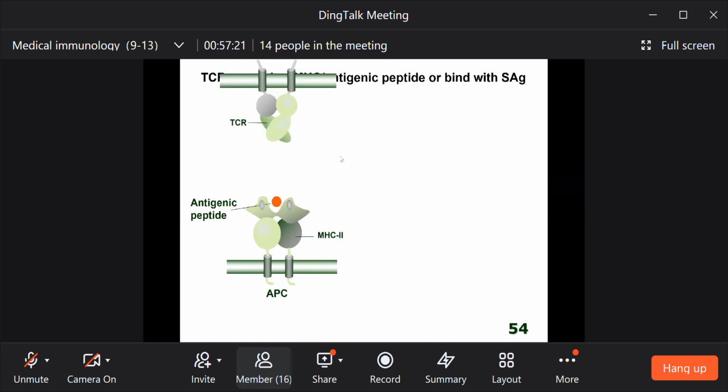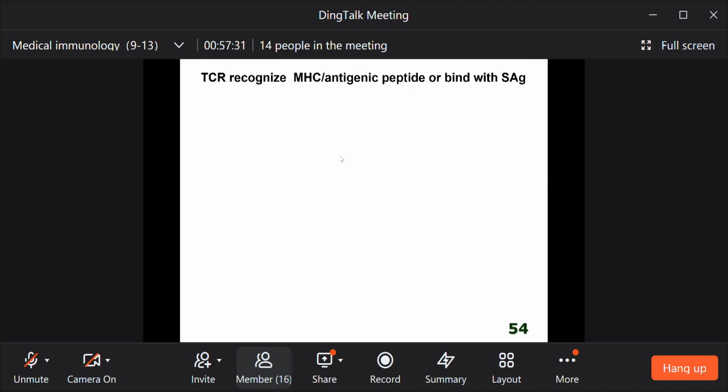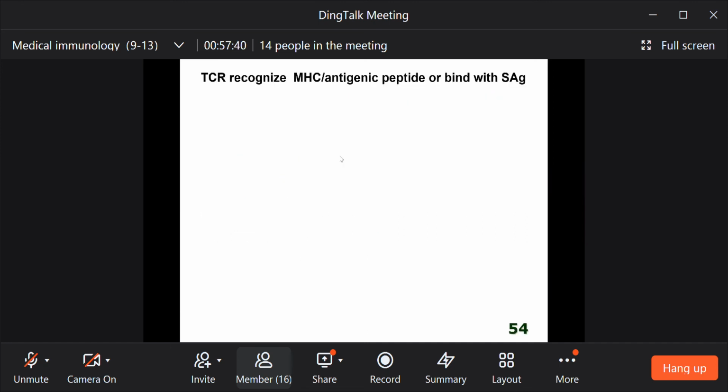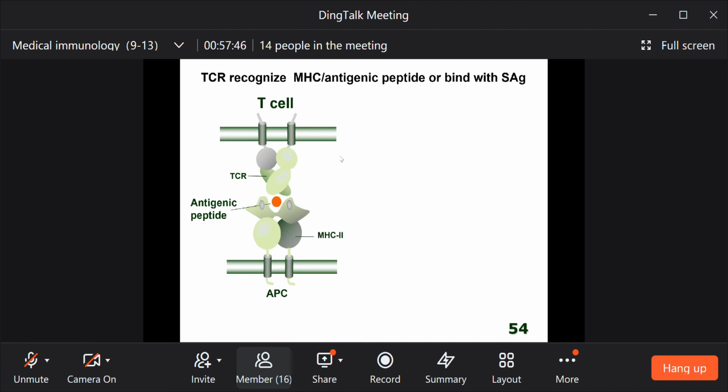We can see here. Oh, sorry. There are proteins that, in the normal course of events, antigen recognition occurs when the antigen peptide is presented with the MHC class 1 peptide complex or MHC class 2 peptide complex on the surface of the cell.